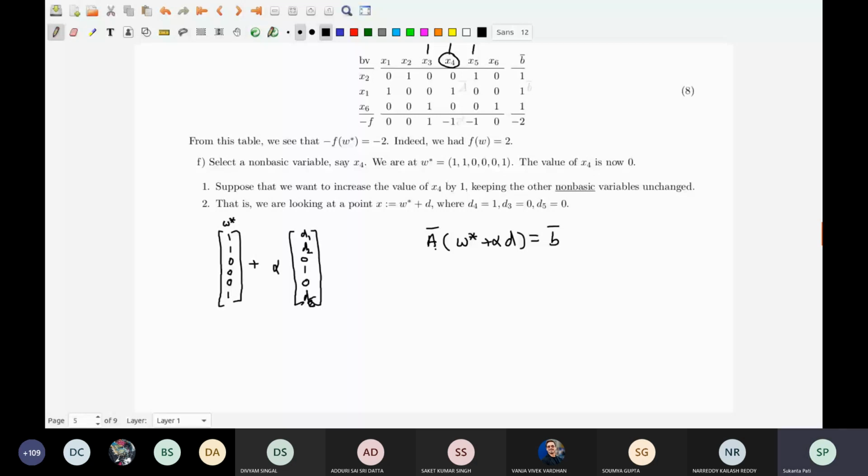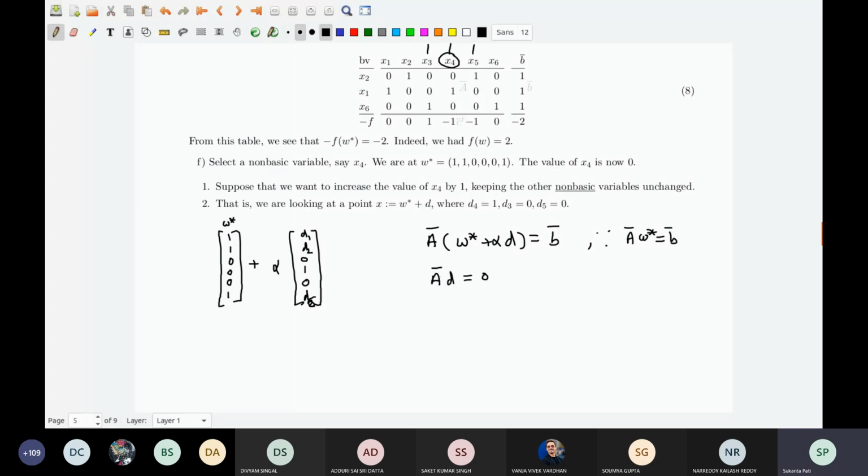But I already know that A bar W star is equal to B bar only. So this is already known. Okay, so it follows that I am looking for a D such that A bar D is equal to 0.